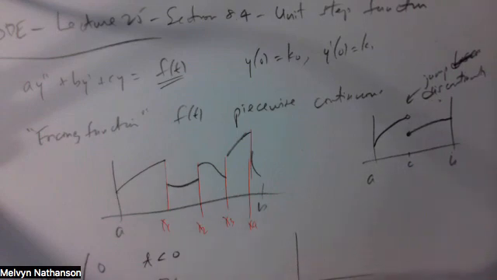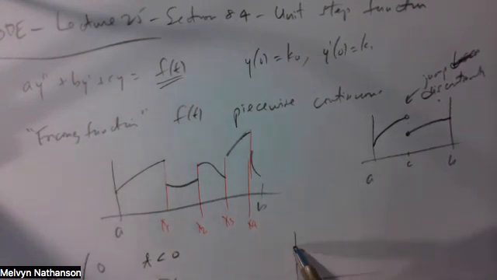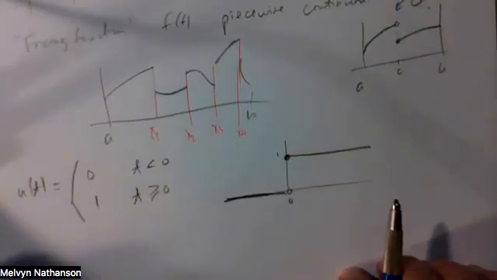So on the line, this function looks like this. It's 0 until you get to 0, and then it's 1, and it's 1 thereafter.